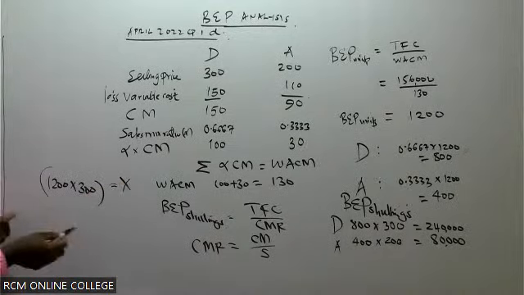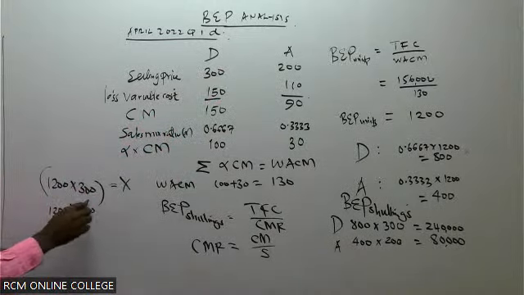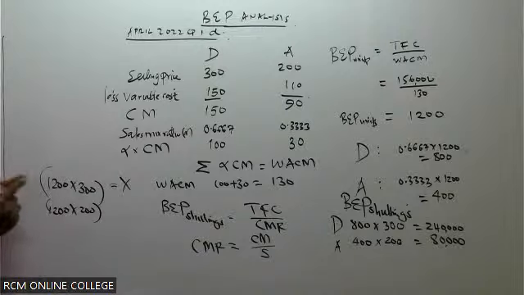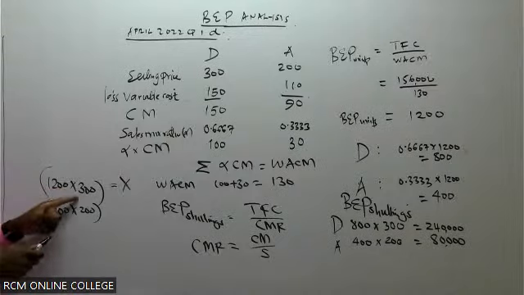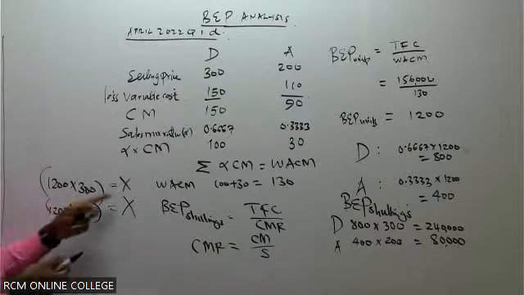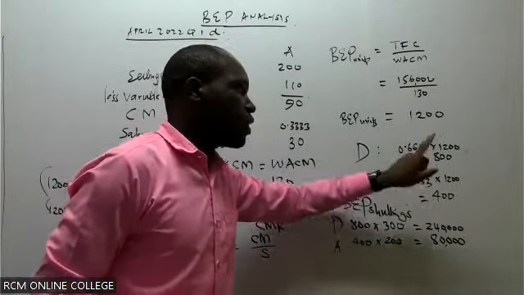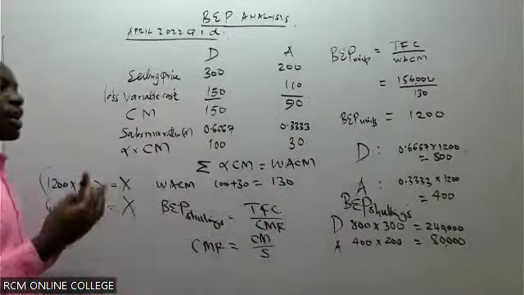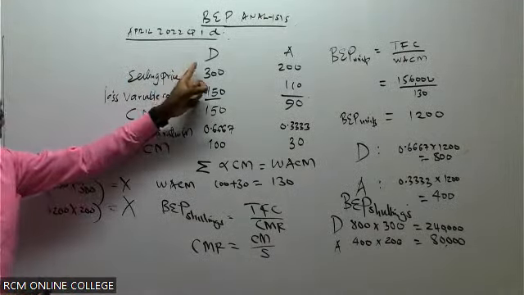If you decide again to say that all the 1200 units we multiply by the selling price of A, which is 200, you will be lying to us because you've included the units of D, which should be sold at what price? At 300. So again, what you're going to have there is wrong. But if you use the proportion here, you will be able to get the actual units of D, the actual units of A. And of course, you take now the actual units multiplied by the respective selling prices for the products.